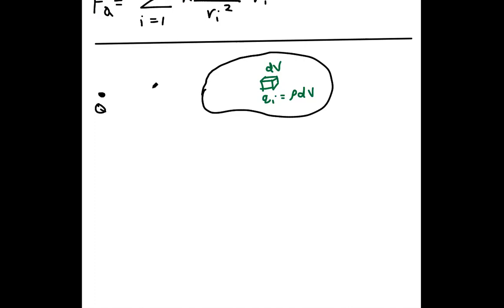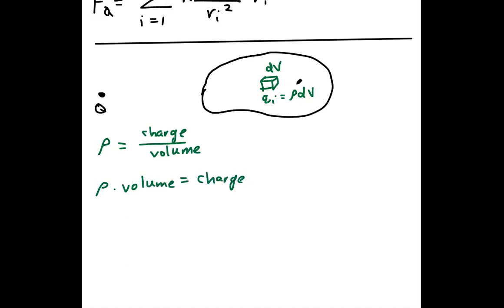To be clear, we know from previous studies that rho, the charge density, is equal to the charge over the total volume. So in order to find the charge of each of these little tiny pieces, we multiply both sides by the volume. So the charge density times the volume is equal to the charge. That's what we did over here, taking the charge density and multiplying it by the little tiny fragmental volume.